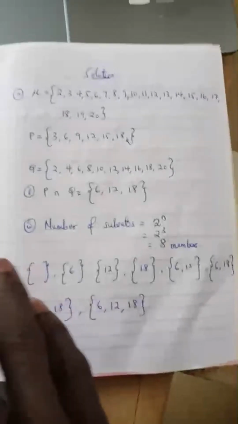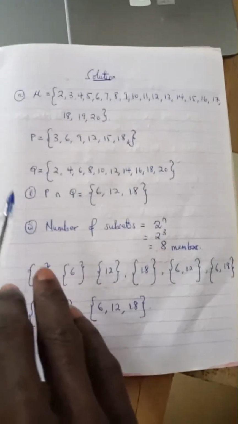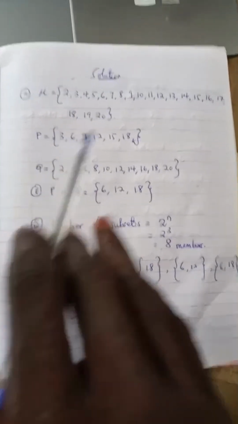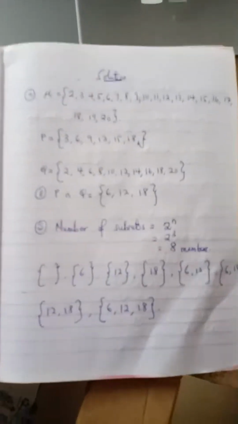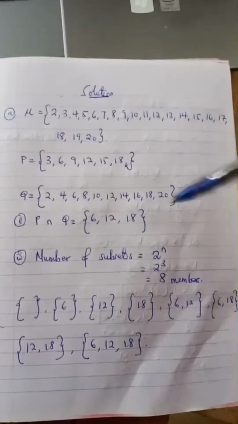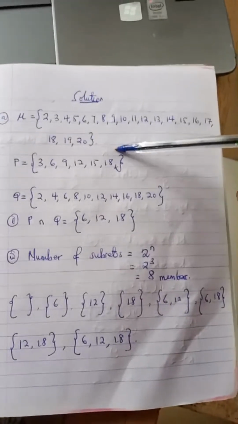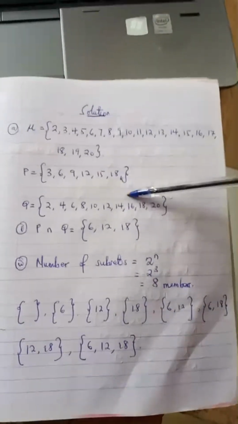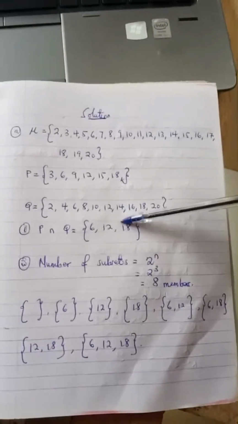So the solution we have here, for question 1 A, II, and I and II, was what was required from learners: that they should be able to list the universal set, list the elements of P, and list the elements of Q before they can find the intersection.